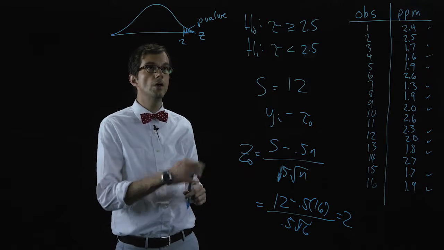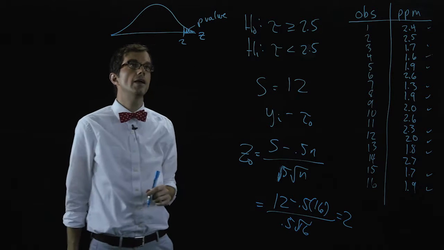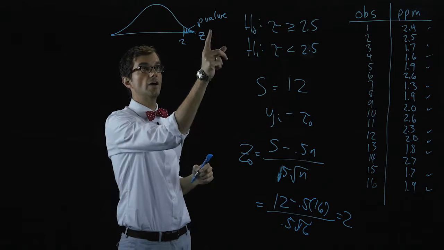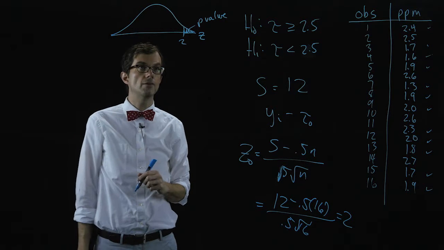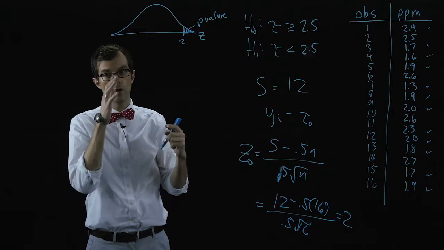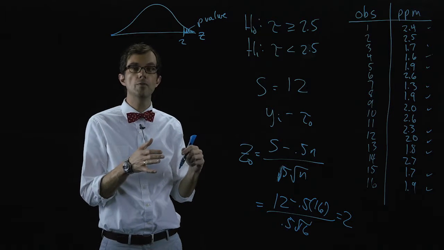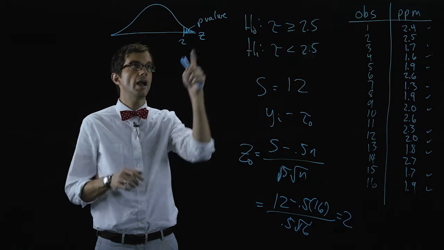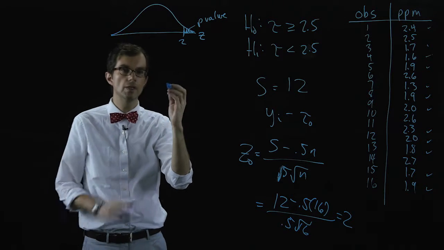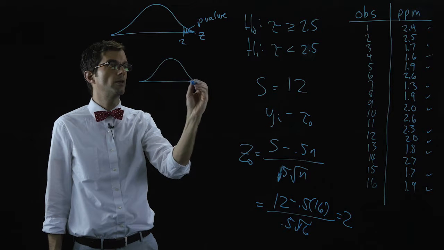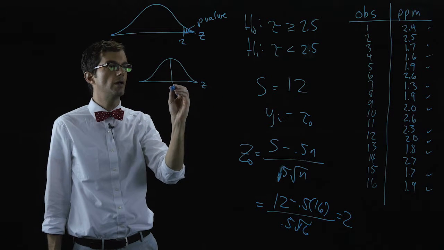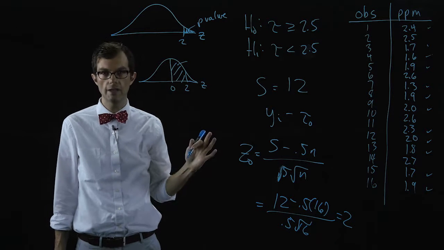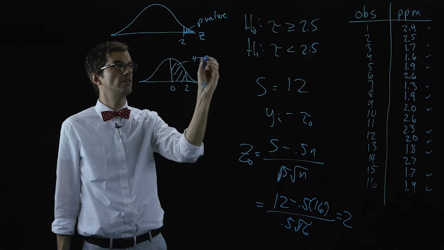So we've got 2 up here, and we want to know what that p-value is. It's a one-tail test, so the p-value is entirely in the upper tail. So we could go to the Z table, go down to the row 2.0 over to the column 0. Technically, in the table we're given the area from 0 to the value 2, and if we look that up in the Z table, we've got 0.4772.